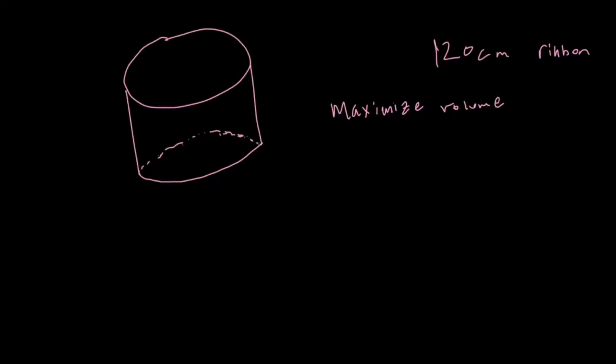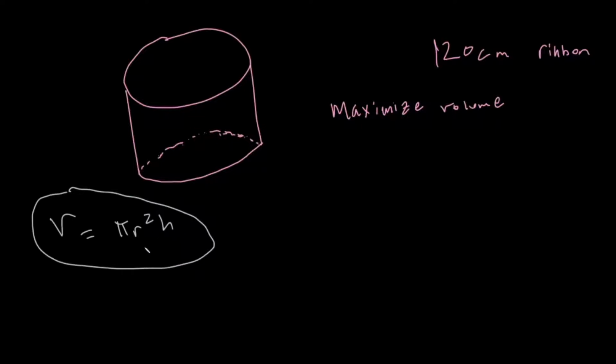Okay. So, the volume of the cylinder, we know, or you looked up, or you could have asked me, is volume equals pi r squared h. Well, before we maximize this, I'm going to need h in terms of r. And that's going to come from my constraint.